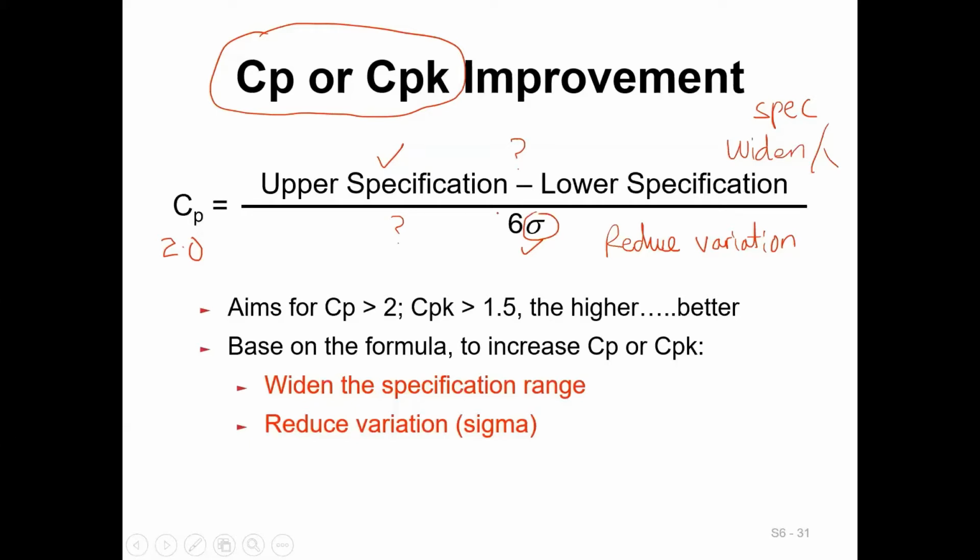Another way is perhaps CP is 2, and you know that the machine you're using is an old machine, so the variation is quite difficult to improve. Since you have CP, you have the variation, you can calculate what is the spec limit.